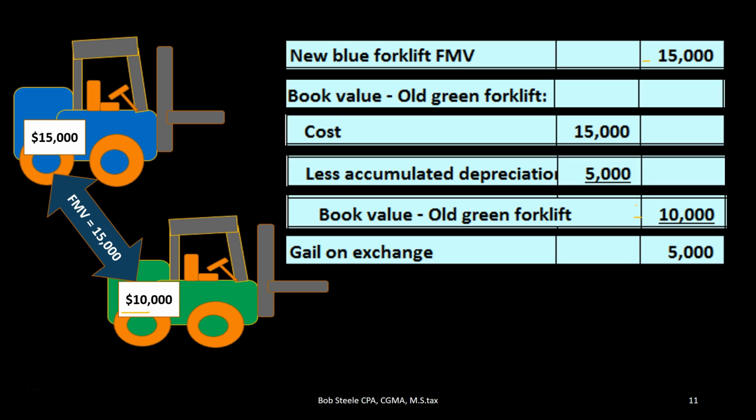So if you thought about it this way, what if this was the fair market value of our forklift? Then we could sell it for $10,000 cash, and we'd have to buy the new forklift for $15,000. And so if they're giving us the new forklift for $15,000 and this one was actually worth $10,000, it would be like we've somehow got revenue of $5,000. How is that possible?